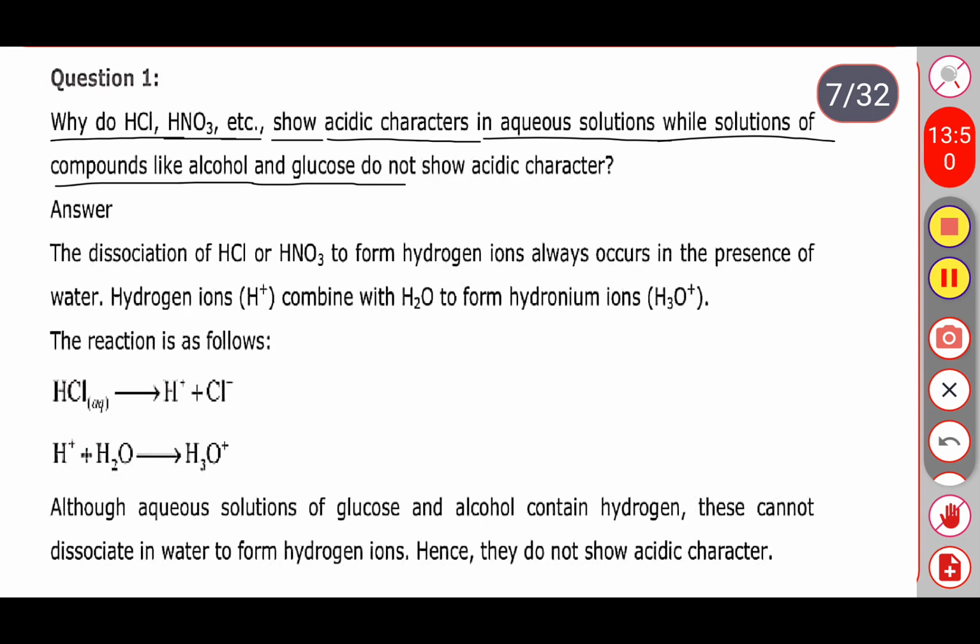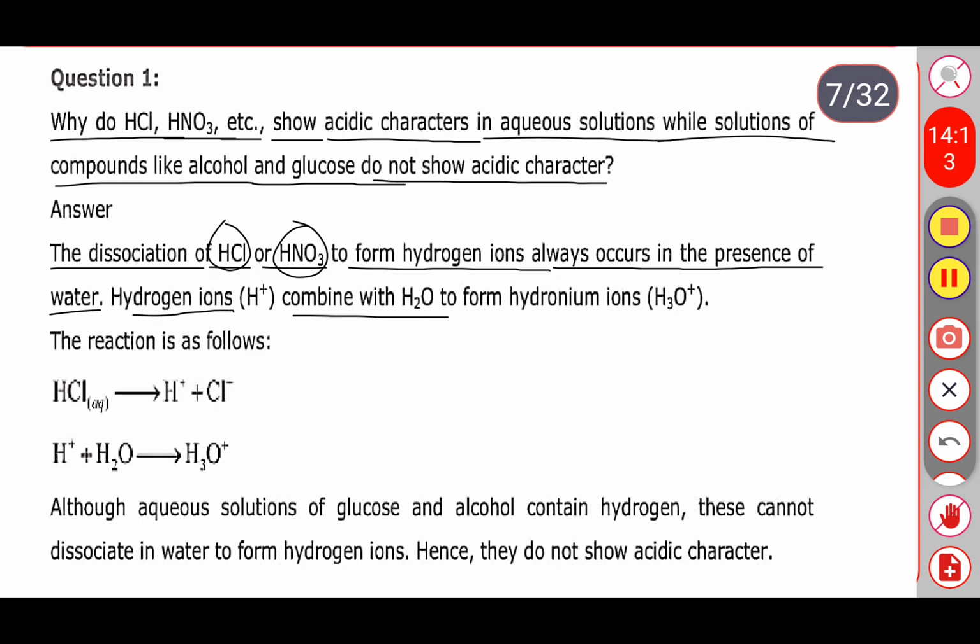The dissociation of hydrochloric acid and nitric acid to form hydrogen ions always occurs in the presence of water. Hydrogen ions combine with water to form hydronium ions. Hydronium ions means H3O+. The reaction is as follows.